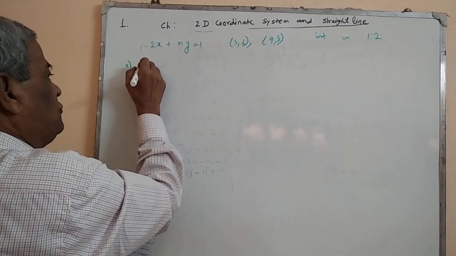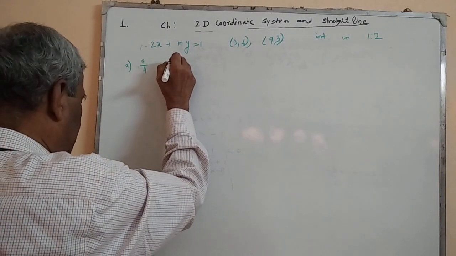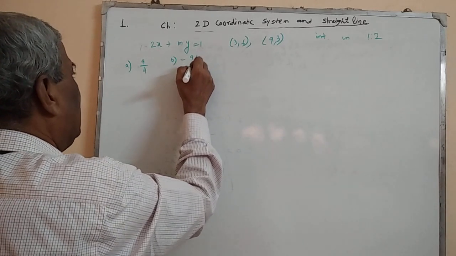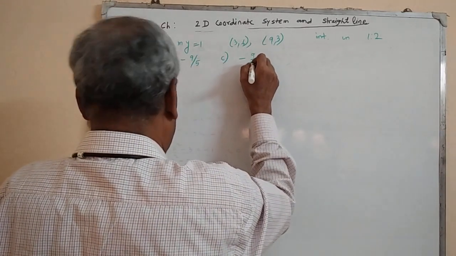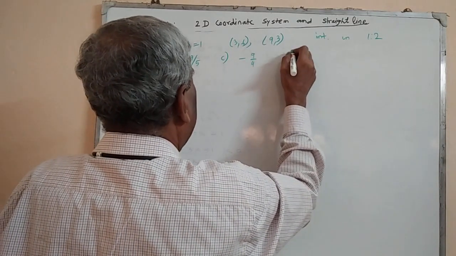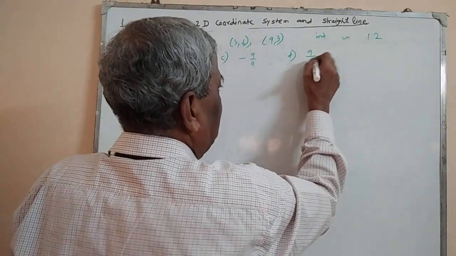Options: A 9/4, B -9/5, C -9/4, and D 9/5.